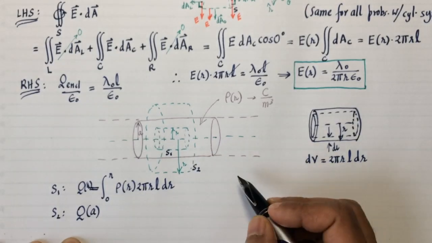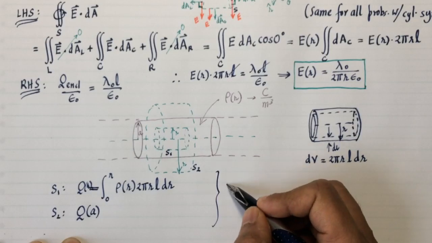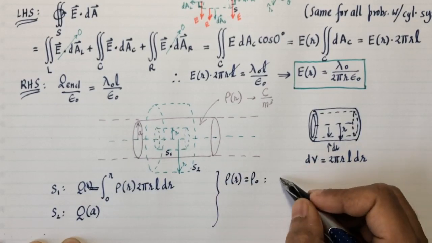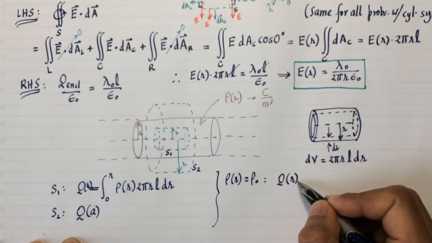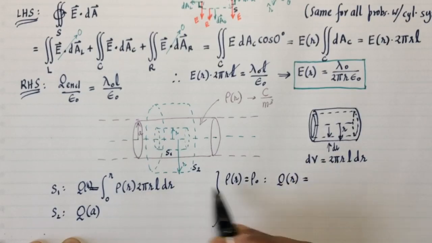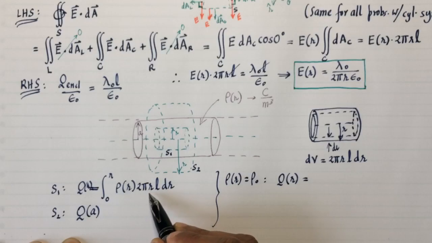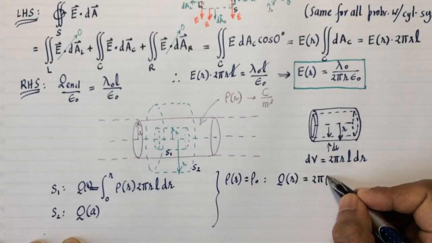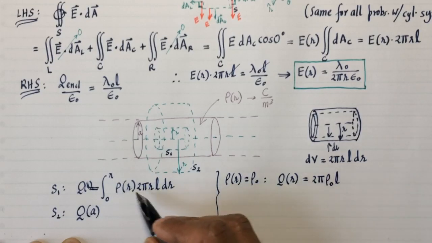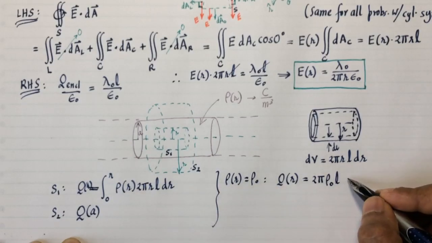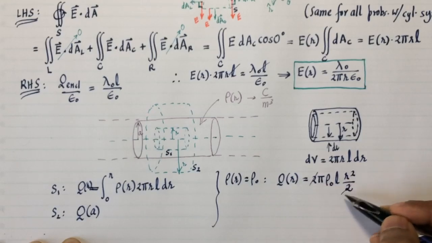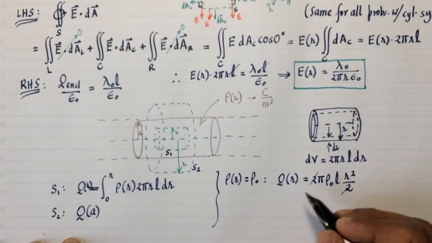Let's evaluate these for the case of the constant charge density, rho of r equals rho naught, just for kicks. So Q of r will then be, I can take the rho naught outside because it's a constant, so I get 2 pi rho naught L, and then I have the integral of r dr, which is r squared over 2. So the 2's cancel out, and I have pi rho naught L r squared.